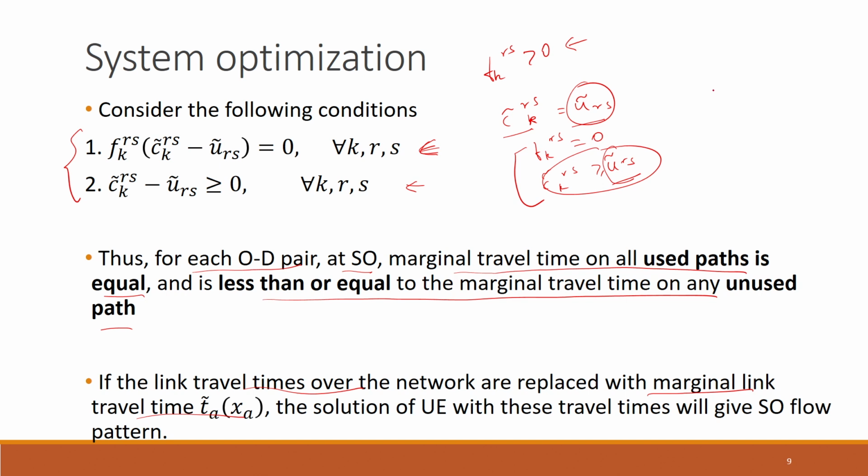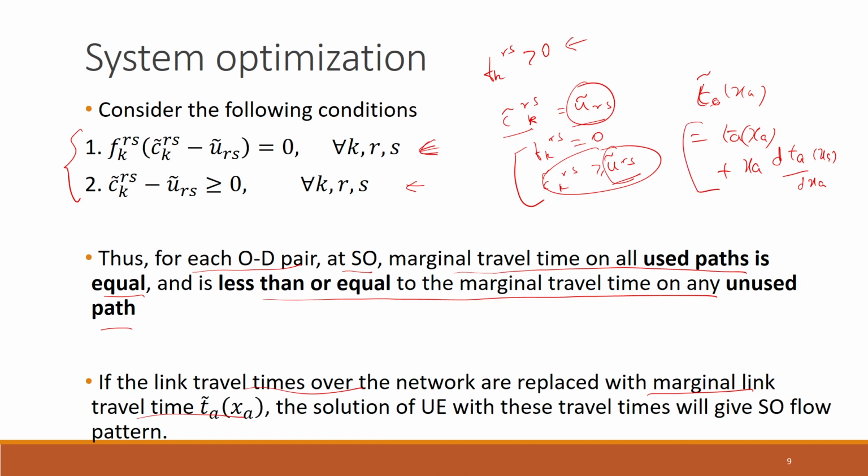So we have seen what is the expression for this t tilde A(x_A). This is equal to t_A plus x_A times the derivative of dt_A by dx_A, right. So once the travel time function of link A is given, then we can determine this t tilde A(x_A) by using this expression here.